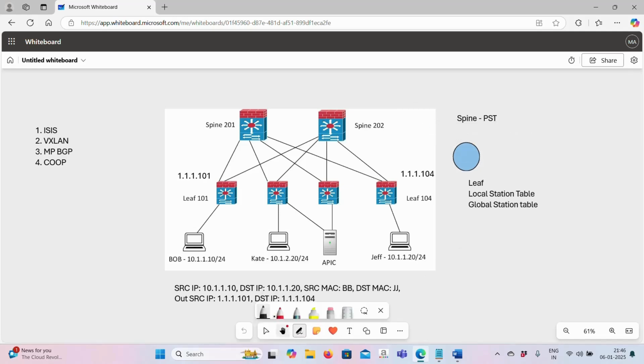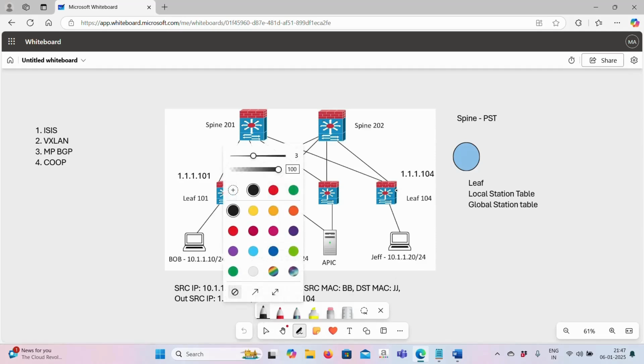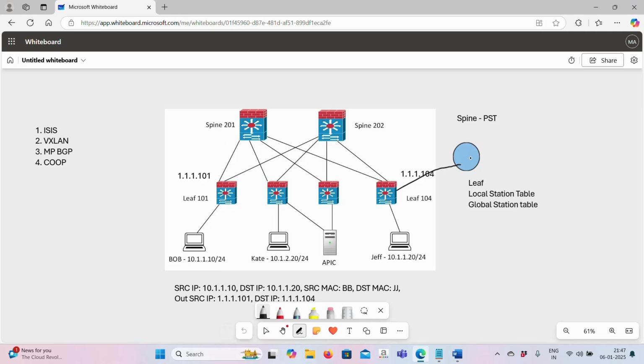So let me just connect this router to leaf 104, and via this router it's connected to the internet. We are learning the default route. Now say for example Bob wants to connect to facebook.com, and the IP address of Facebook is, just for example, 100.1.1.10, right? So how will this packet go via leaf 104?